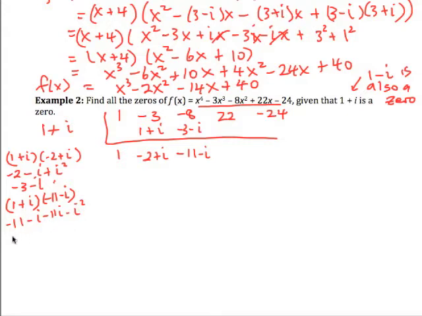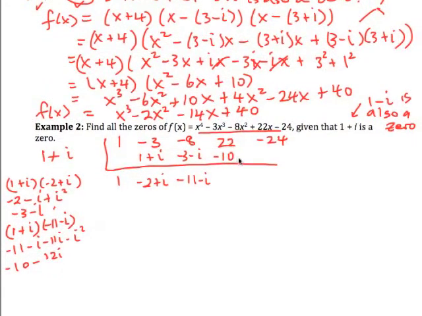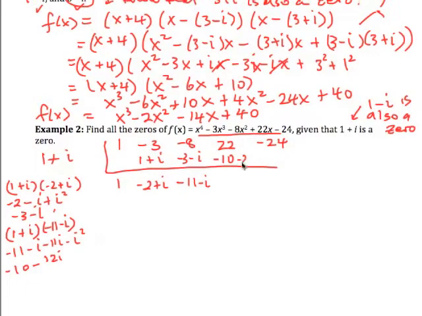So I'm going to have a negative 11, and this will be negative 1. Negative of negative 1 is positive 1, so this will be now negative 10. And we'll have subtract 12i. Right, so we put this in here, so it's negative 10. Alright, subtract 12i.